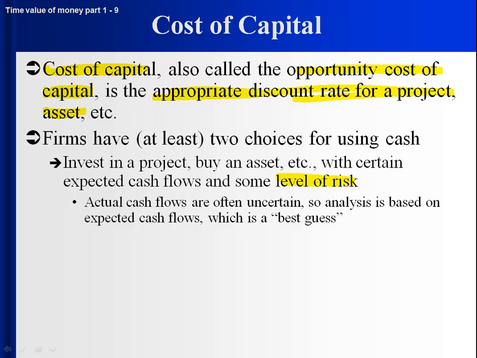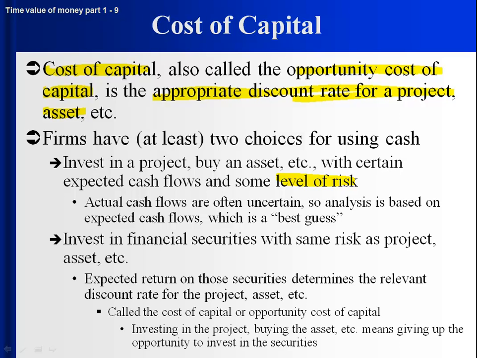The other choice, and this is the one in particular that we're interested in, is they could take that money and instead of putting it into this asset or project that had a certain level of risk, they could invest in financial securities, stocks and bonds with the same risk as the project. And remember, the markets for financial securities are well functioning, so for that level of risk, there's a certain expected return associated with it.